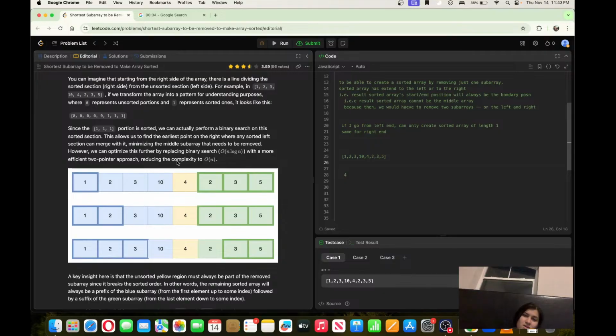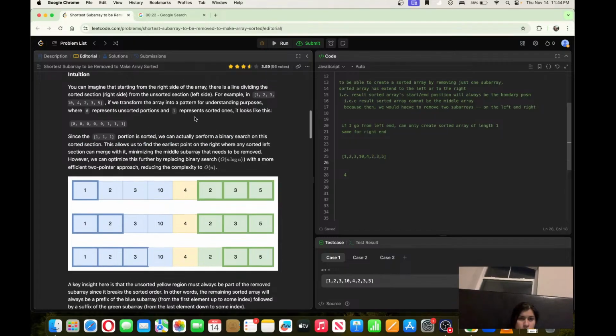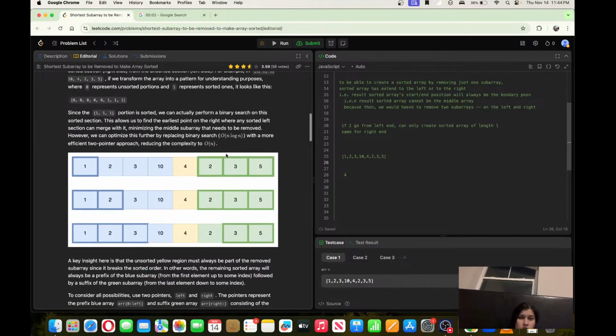But this is a similar approach. I also went from left to right and then right to left. But I could not move forward from there, and I think they moved forward from there. So you can imagine starting from the right side of the array, there is a line dividing the sorted section from the unsorted section on the left side. For example, all this will be 0 0 0 0 and this will be 1 1 1. So 1 1 1 is sorted. We can actually perform a binary search on the sorted section.